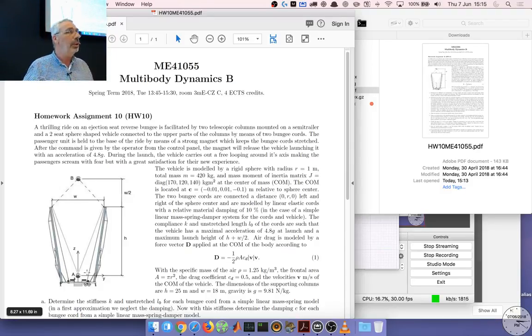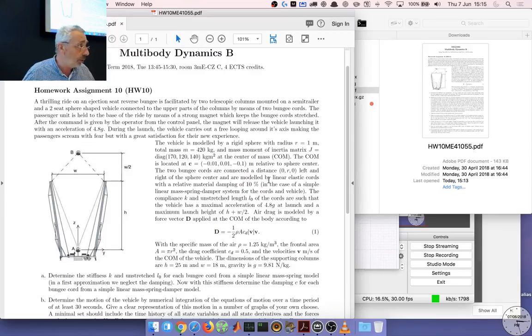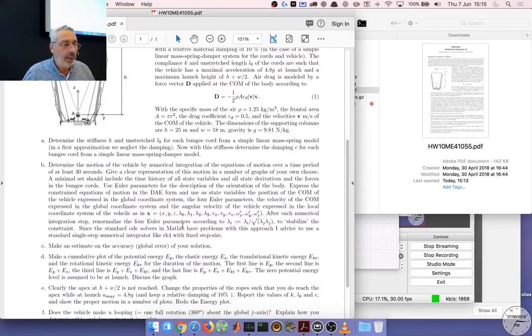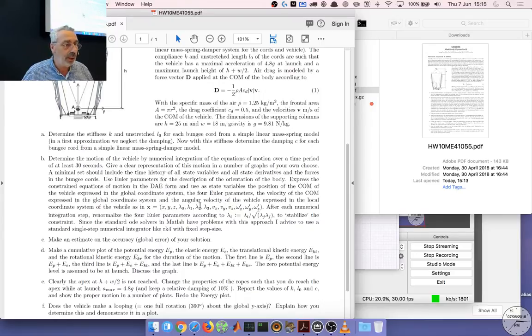So as an engineer, you have a number of problems, and that's what this assignment is about. With all the knowledge you have now, you can make a multibody dynamic model of this with the springs and the body. It's actually pretty simple. And then you can have a state vector, you can integrate the motion, you can see what is going on by just simulating, because it's highly nonlinear.